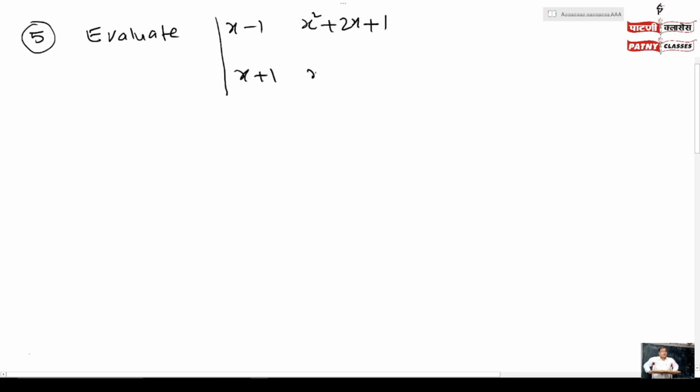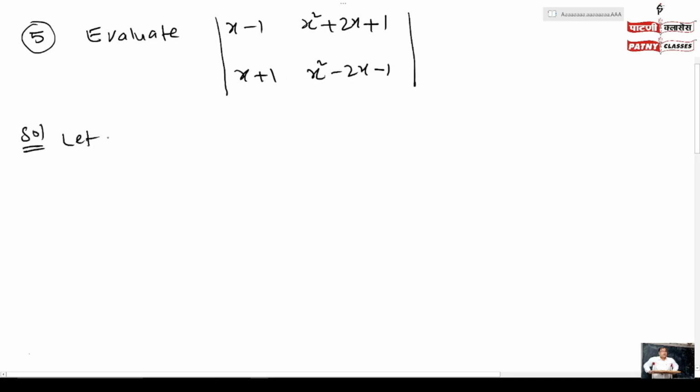Question number 5. Evaluate the determinant x minus 1, x square plus 2x plus 1, x plus 1, x square minus 2x minus 1. Solution.